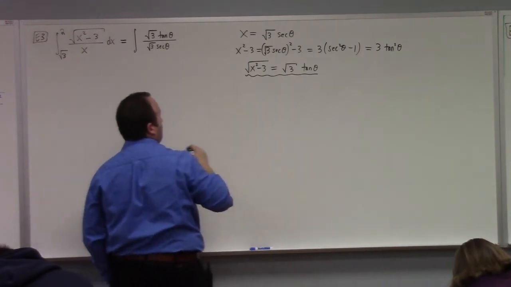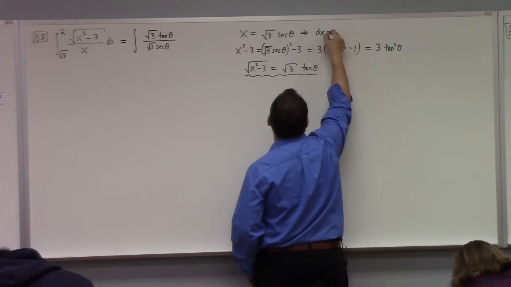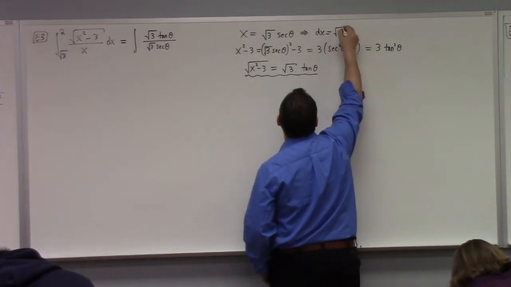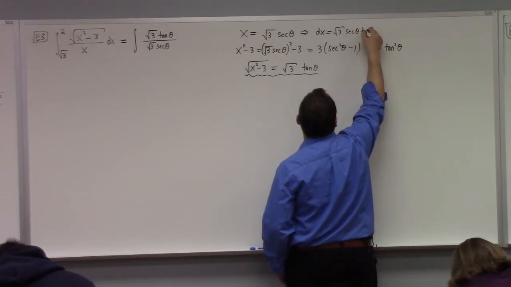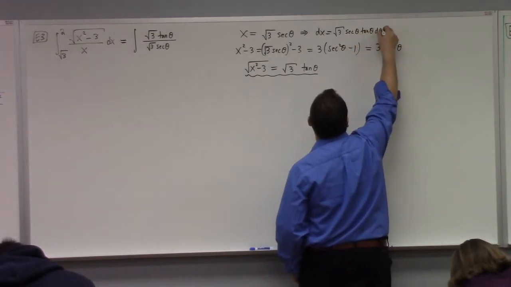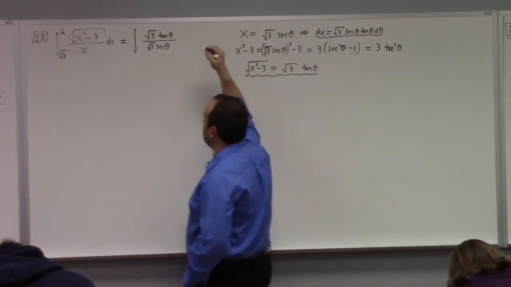And how about dx? What's the derivative of secant? It's secant tangent, yeah? So we've got dx is root 3 secant theta tangent theta d theta.